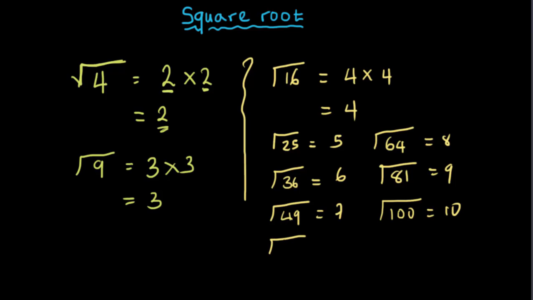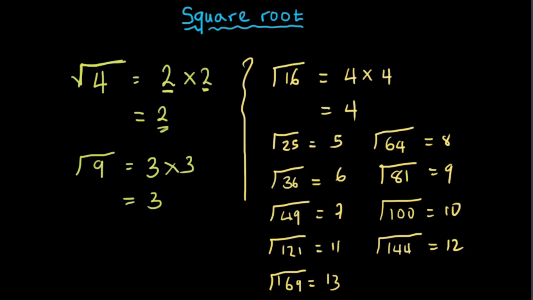We even know that the square root of 121 is 11, because 11 times 11 is 121. And we know that the square root of 144 is 12, because 12 times 12 is 144. We may even know that the square root of 169 is 13, because 13 times 13 is 169.